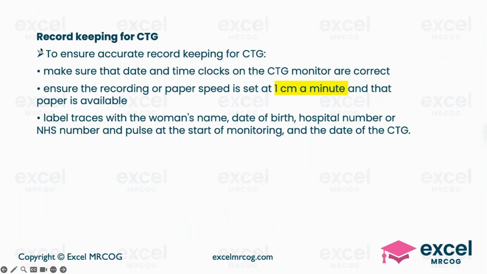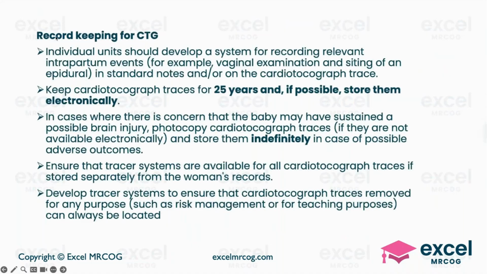Now, record keeping for CTG is to ensure accurate record keeping, and you need to make sure that it is dated and timed correctly and the speed is right. This I have told you, 1 centimeter per minute, before as well. And you label them with everything: the date of birth, hospital number, NHS number, all of these things. And how long do you keep it? This is the question. Your answer to that question in the scenario was indefinitely.